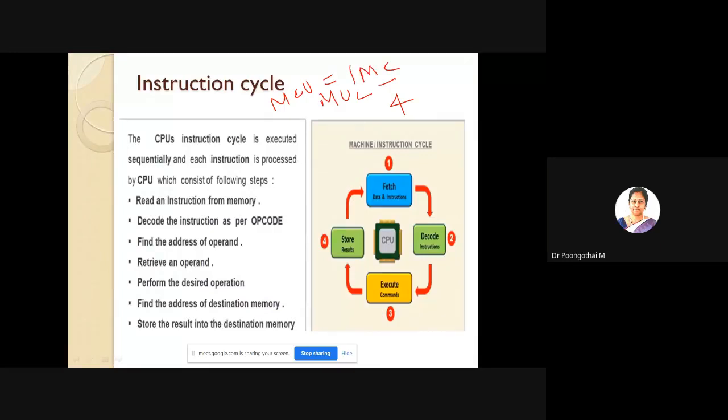So depending on the type of instruction, a single instruction may require 1 or more machine cycles to get executed by the CPU. So the minimum number of machine cycles required is 1. The maximum number of machine cycles required is 4 to execute a single instruction.